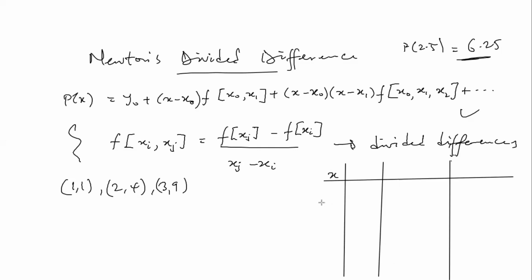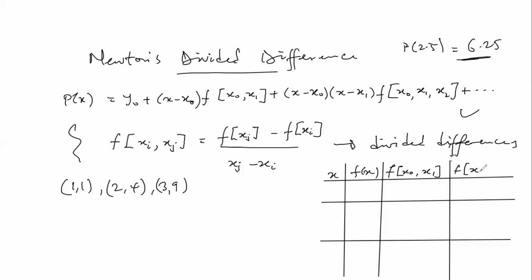We have our first point, our second point, and our third point. This is f of X, which is the same as Y. Then this is the divided difference, f of X naught, X1. And then this is the next divided difference, f of X naught, X1, X2.